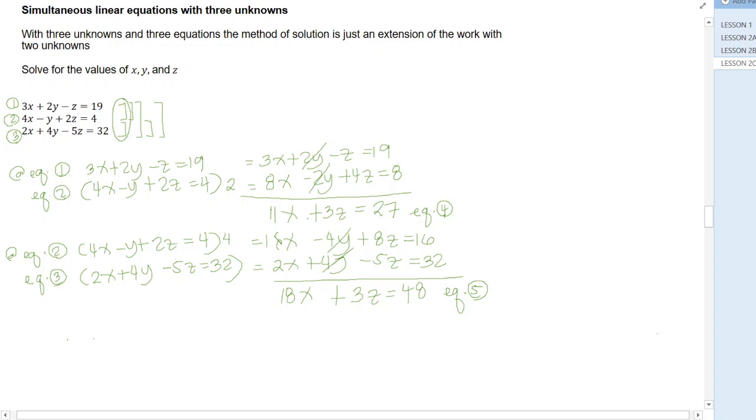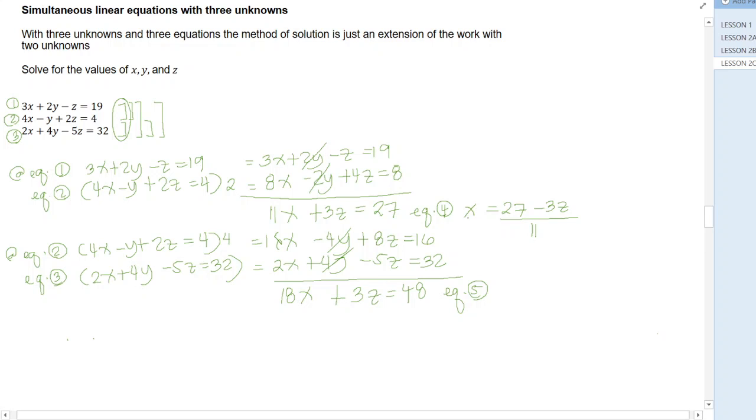For this one, I will be rewriting equation 4 in terms of x, so we can substitute it there. That is x equal to 27 minus 3z divided by 11.